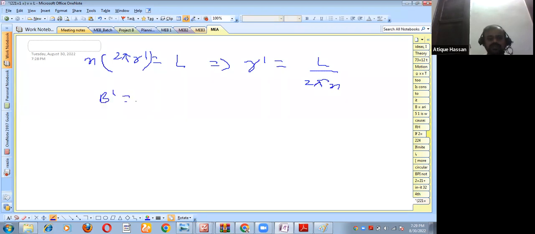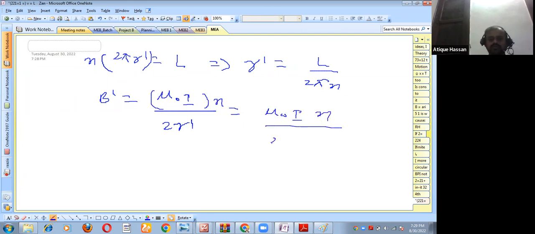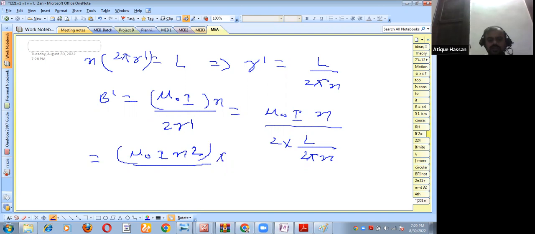The magnetic field B dash will be mu naught I by 2 R dash, current remaining the same, and we also have to multiply by the number of turns. So we get mu naught I n square by L into pi.